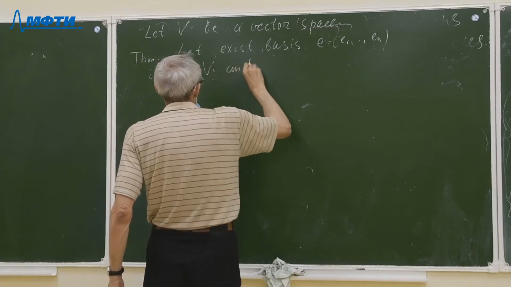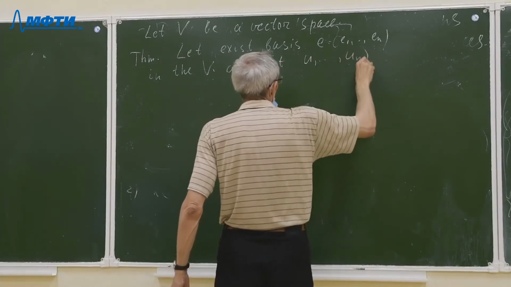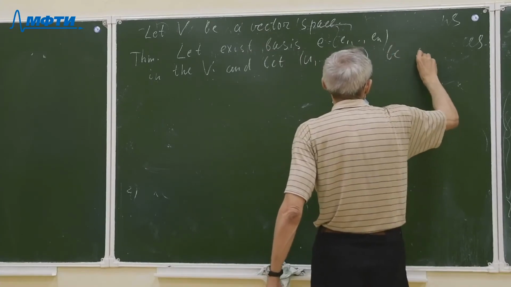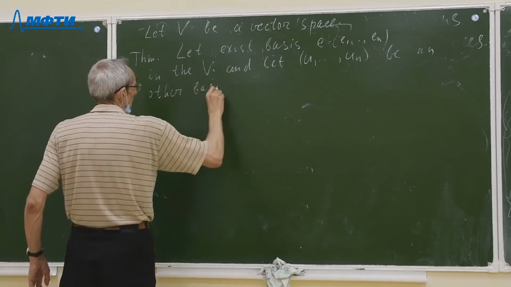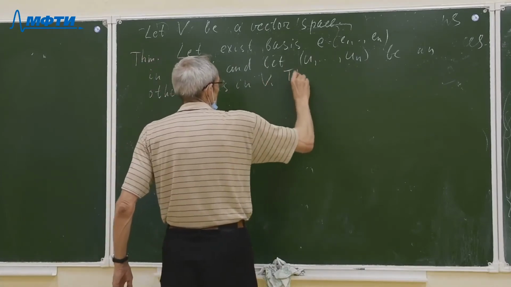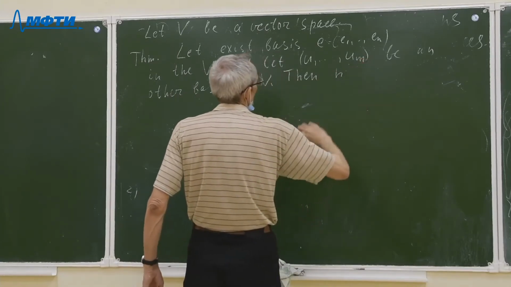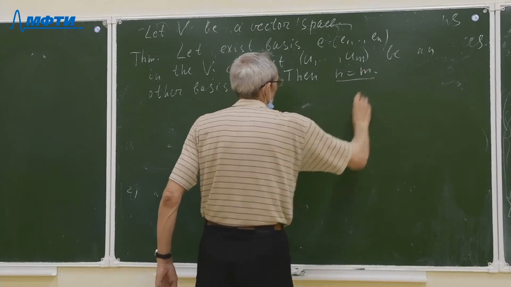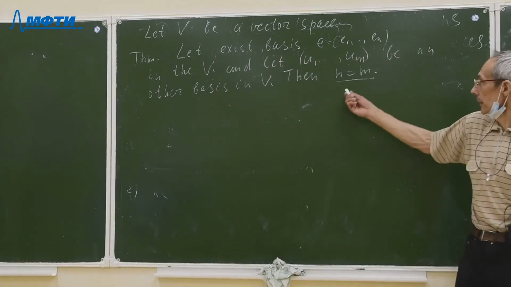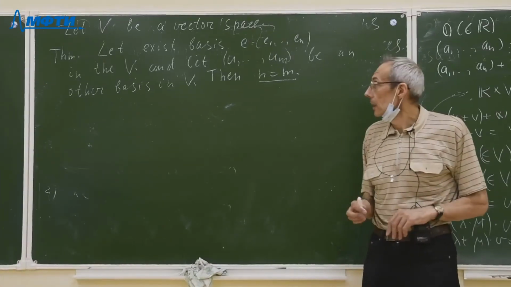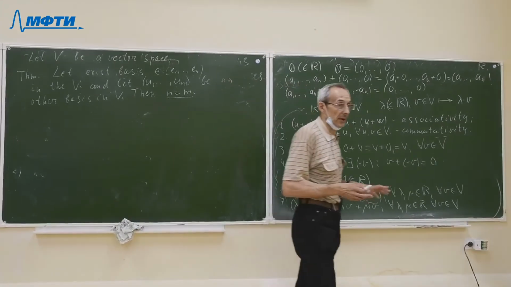And let u1, ..., um be another basis. Then m is equal to n. In other words, any basis in the vector space contains the same number of elements.